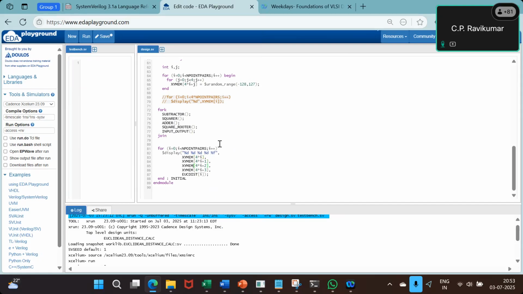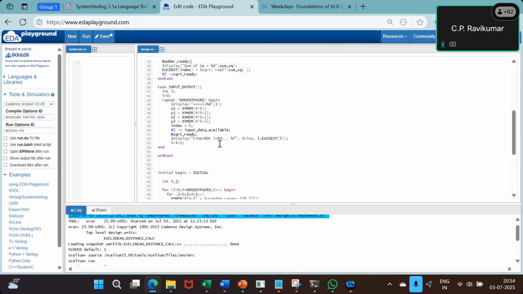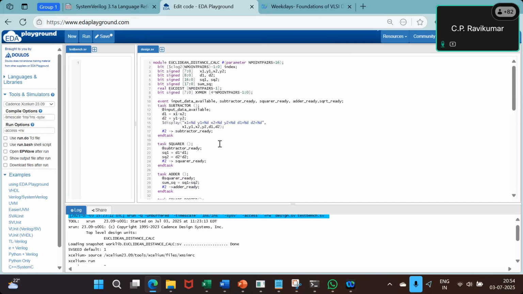XY memory is a one-dimensional memory. Okay, so it doesn't require two indices. 4i, 4i plus 1, 4i plus 2, 4i plus 3. Okay, I'm storing 4 times 16, 64 values. Okay, 0 is x1, 1 is y1.